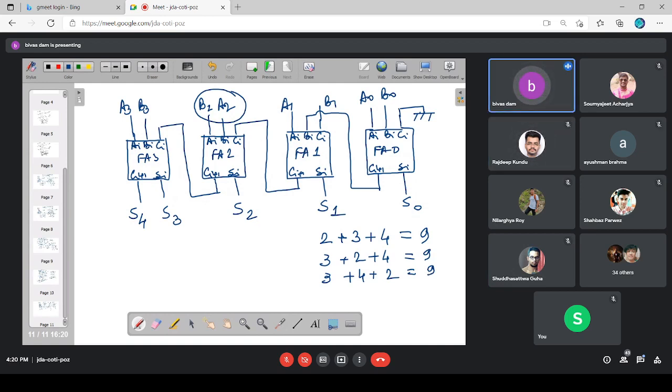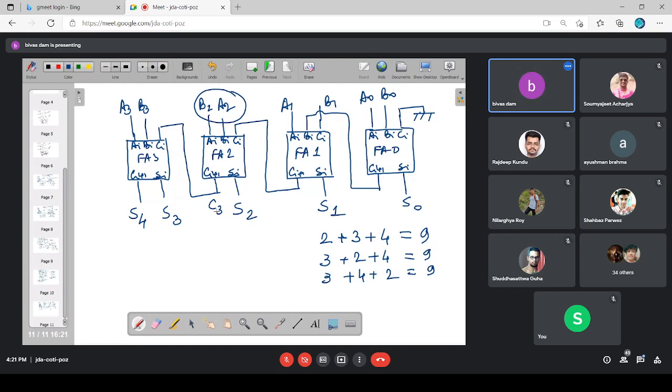So here basically you are adding A3 with B3 with this, which is nothing but your C3, isn't it? Here you are adding, instead of A2 with B2 with C2, as if adding B2 with A2 with C2. Will it be different? No, sir. Same is true in FA1 also.